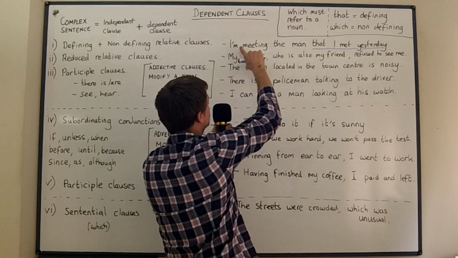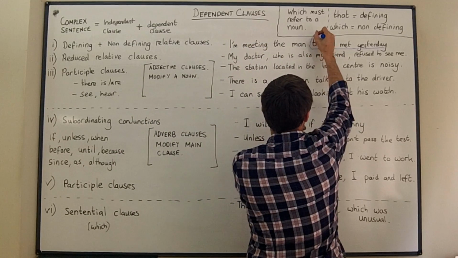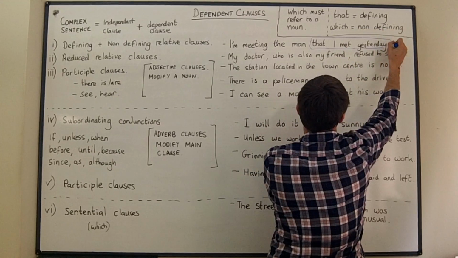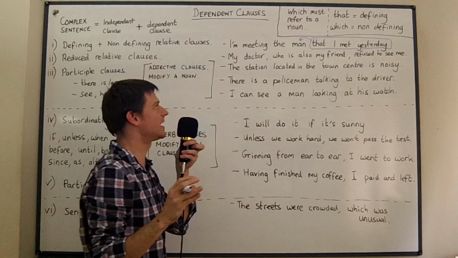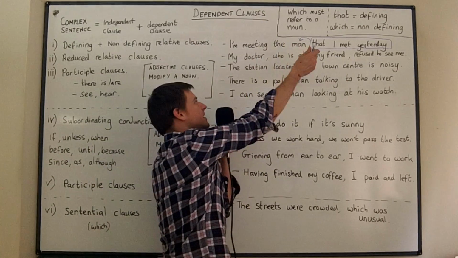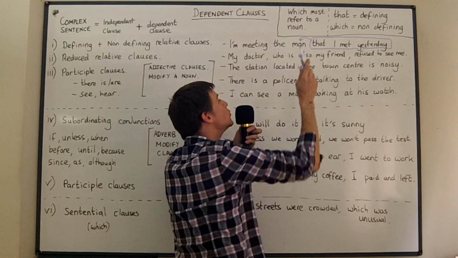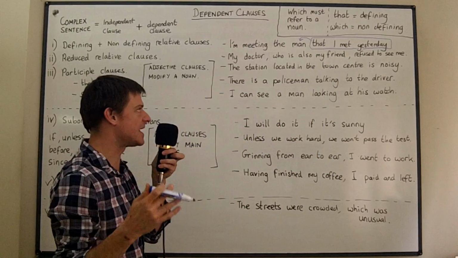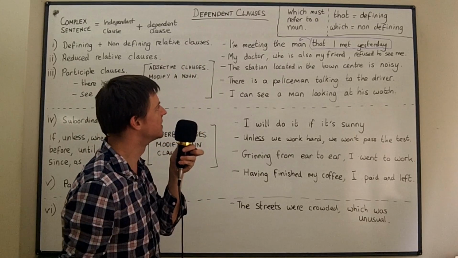There's our main clause, I'm meeting the man. But this, that I met yesterday, modifies a noun. It's an adjective clause because it modifies the man. Okay? And it's a defining clause because this is essential information for us to know who the man is. Again, if you're not sure about this, please watch my video on relative clauses.